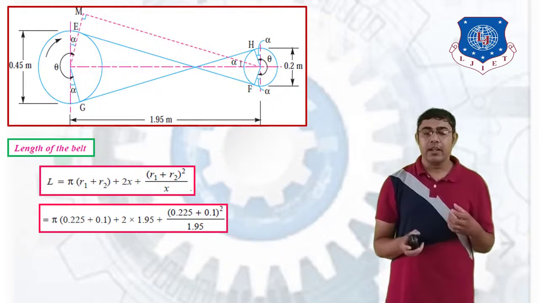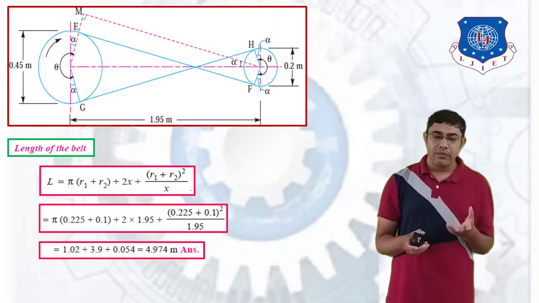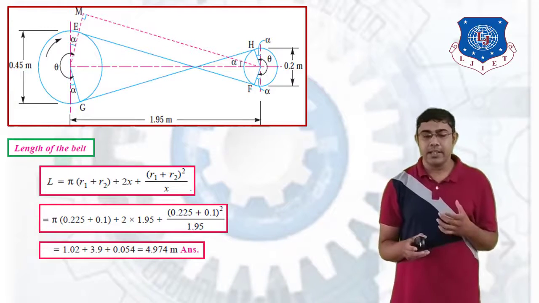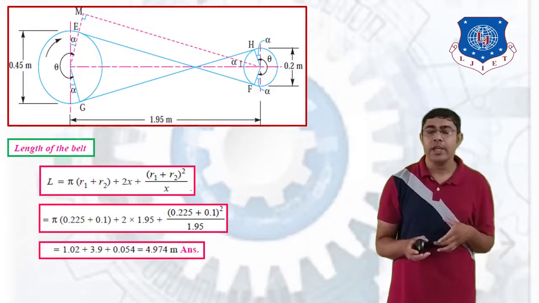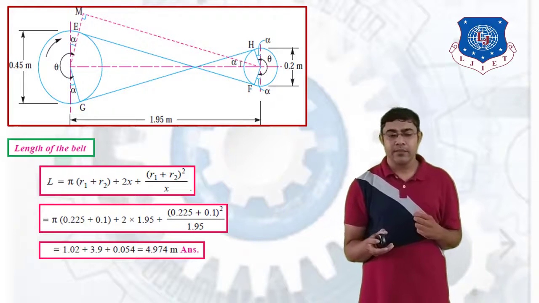If we simplify and calculate, we get the length of the belt equal to 4.974 meters. So this is our first answer.